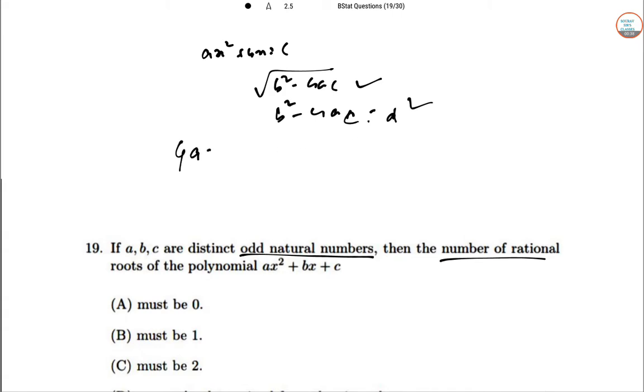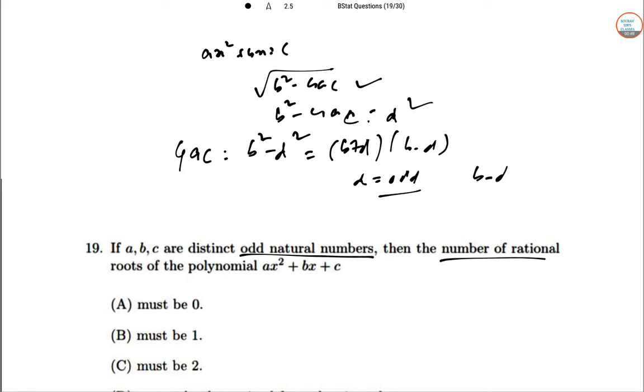So 4ac equal to b square minus d square, so that is (b plus d)(b minus d). We can observe that this d is odd, so hence b minus d and b plus d both are even. So now ac equal to b minus d by 2 and b plus d by 2, so both are odd.